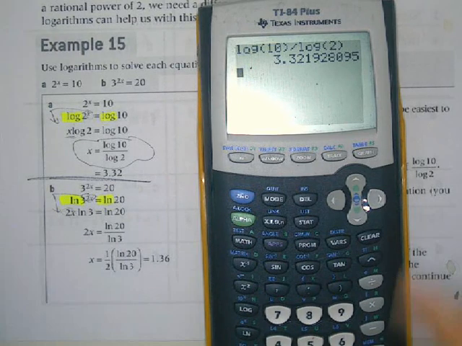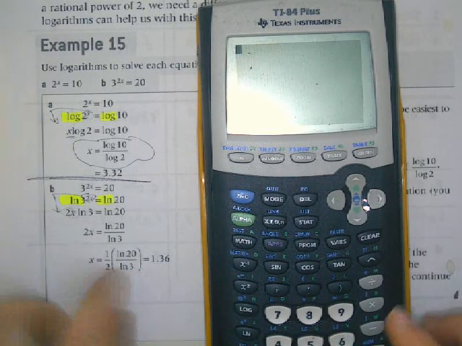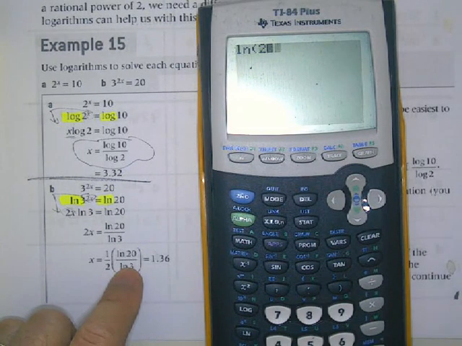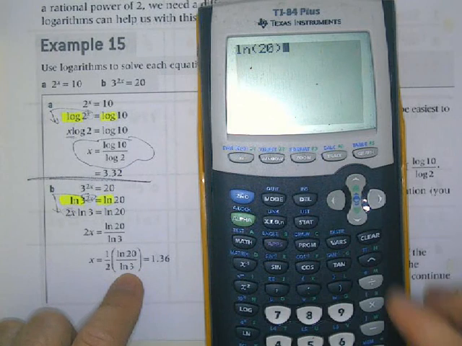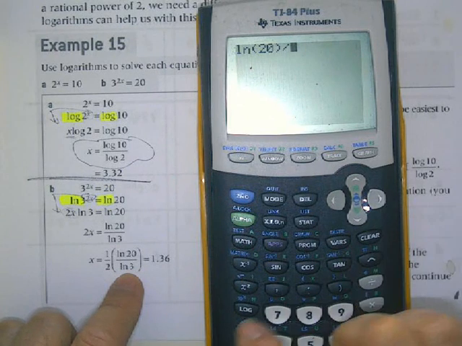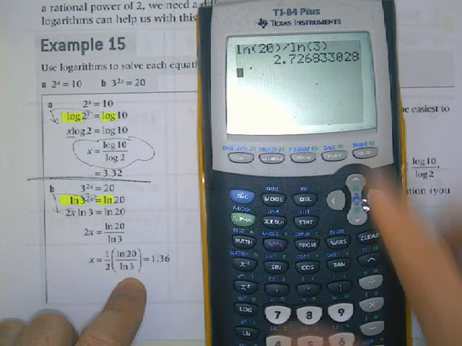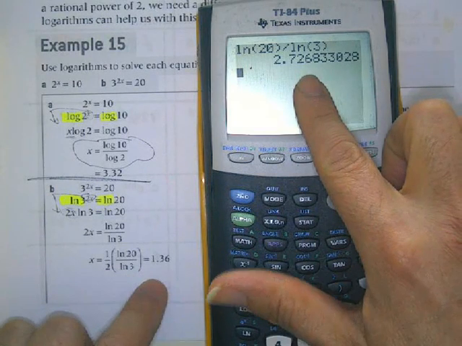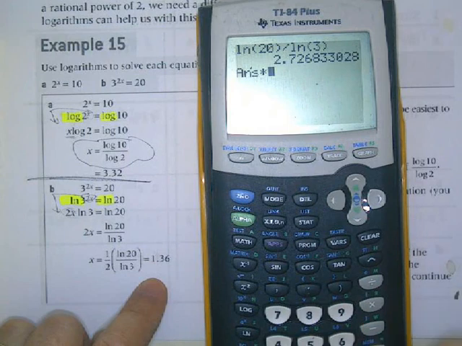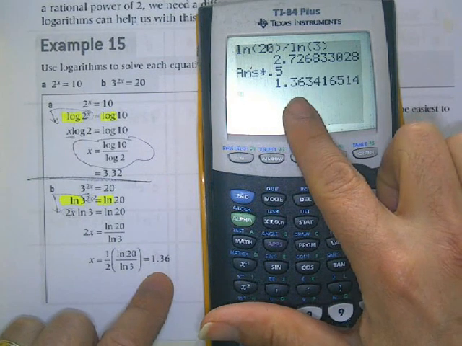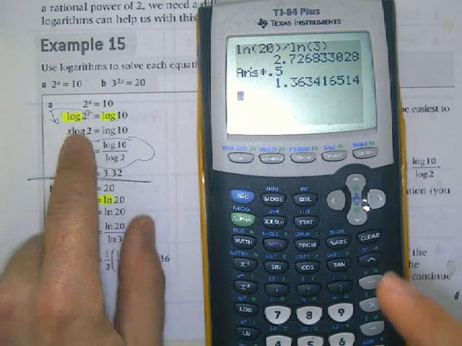So let's do that. So natural log of 20, close parentheses, divided by natural log of 3, close parentheses, and I get this number, and then I'm going to multiply that times a half, times 0.5, and we get this answer that they got here. Now, like I said, it doesn't matter if I do log or natural log.